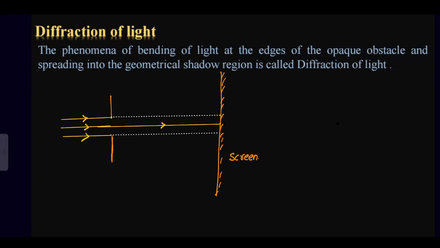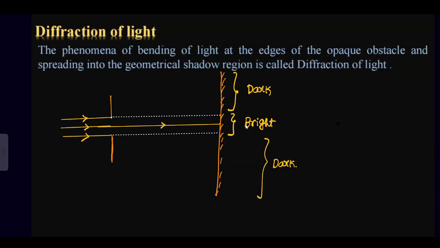So this region we expect to be bright, and the remaining part has to appear dark. Only this part is bright. But it won't happen.